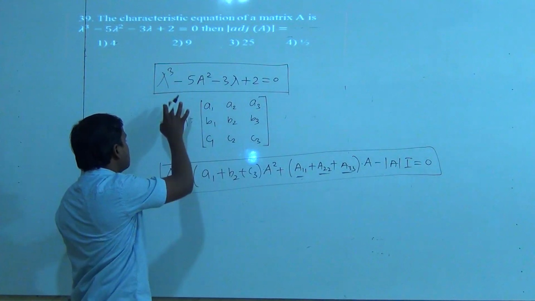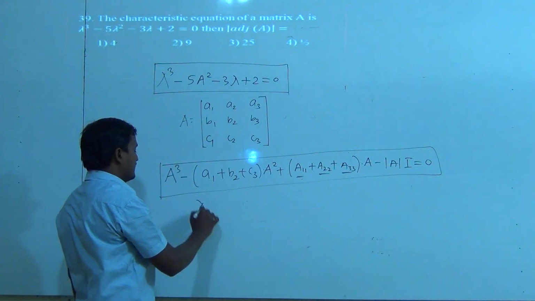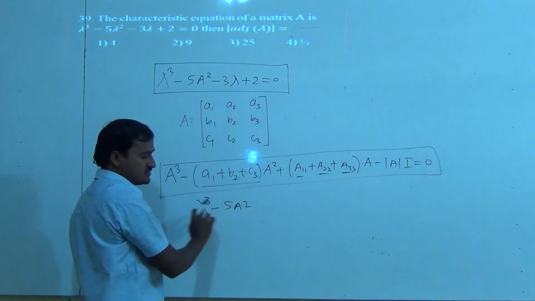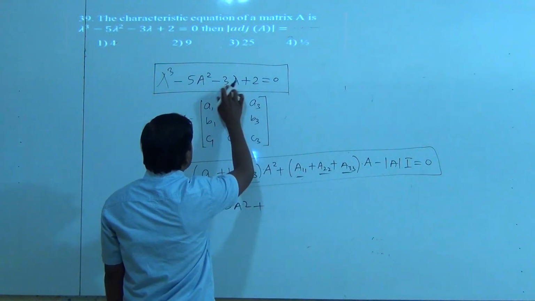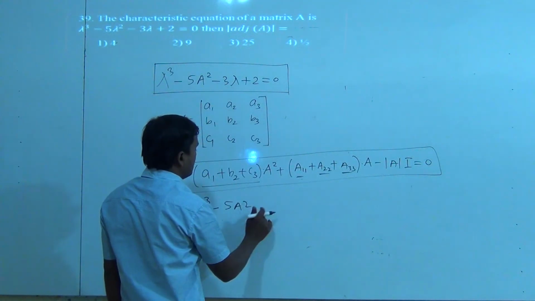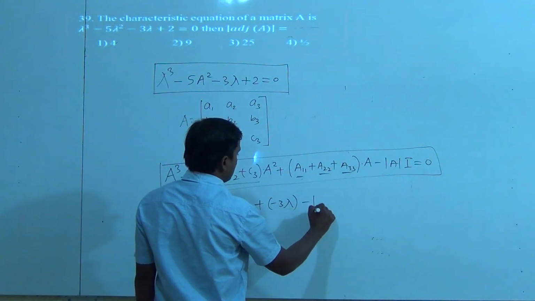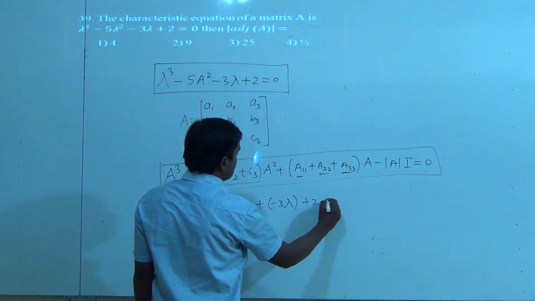In this case, in place of A we have lambda, so lambda cube minus 5 lambda square. Then here we have minus of 3 lambda, and plus 2 is there, and here it is 0.